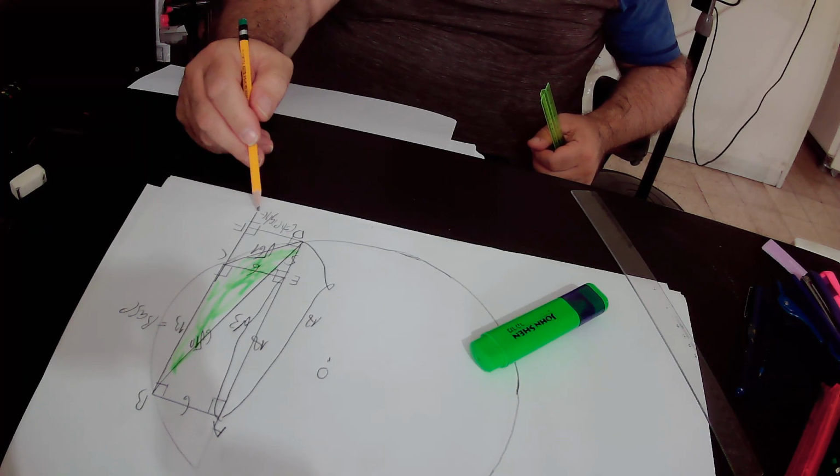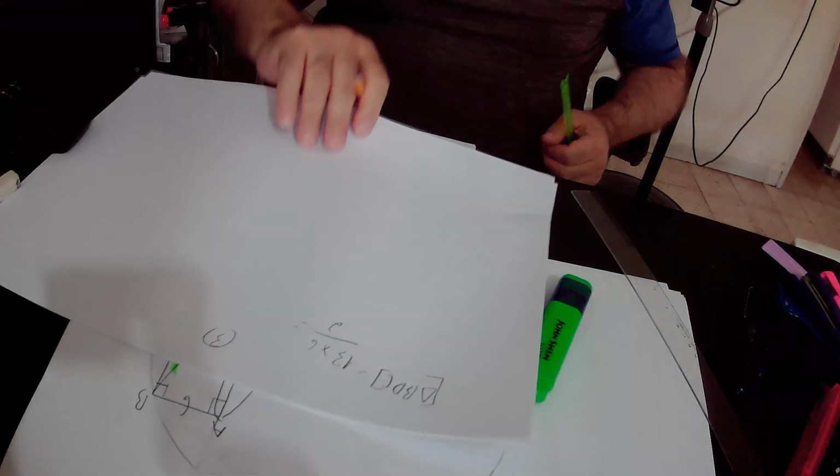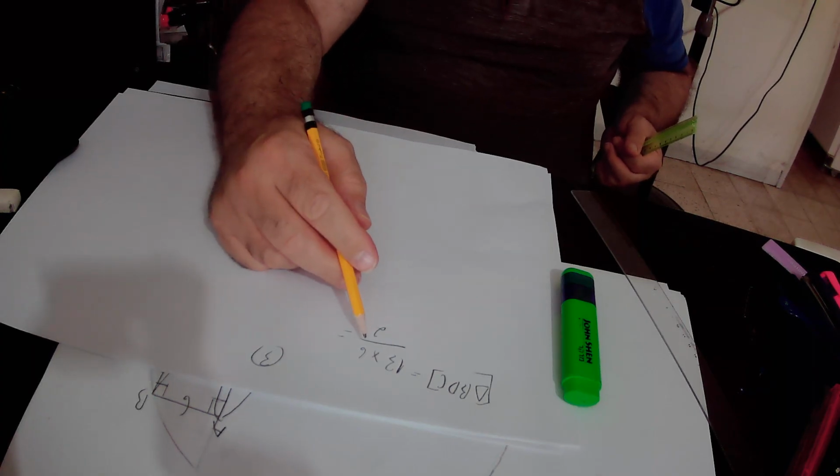The height to the base is DF, which is equal to 6 units. In conclusion, the area of the green triangle BDC equals 13 times 6 over 2.